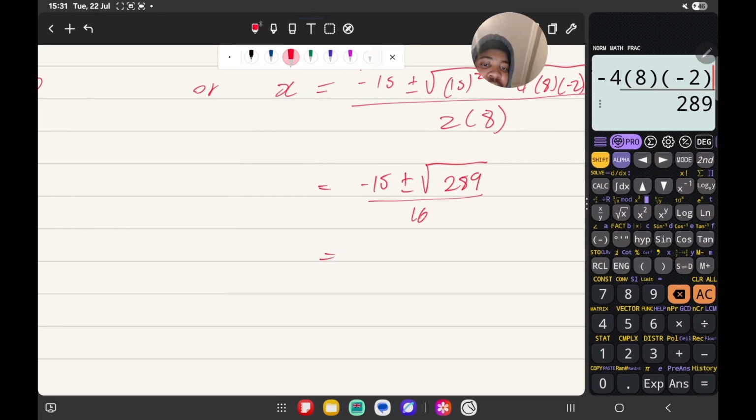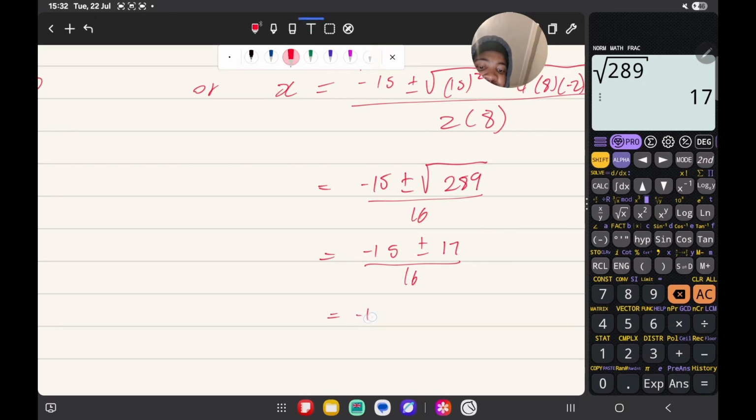And then the square root of 289. Oh, nice. So here we're getting minus 15 plus or minus 17, divided by 16.